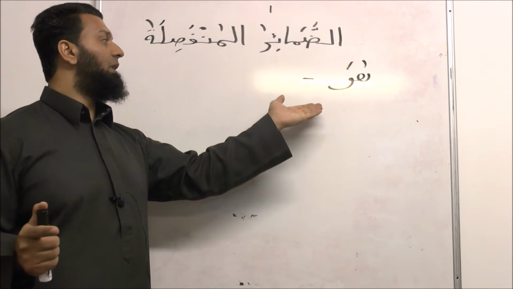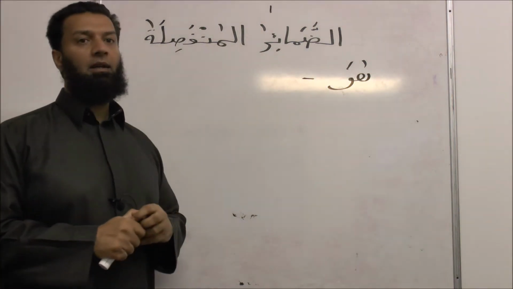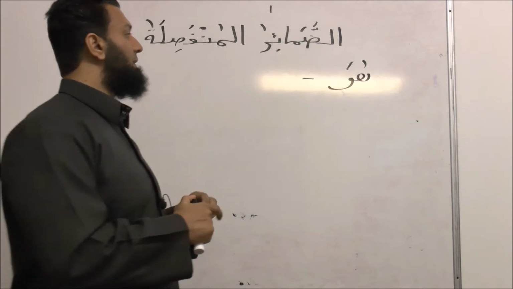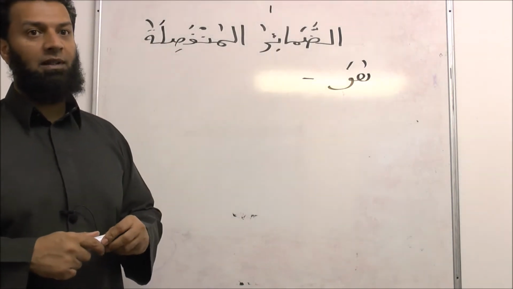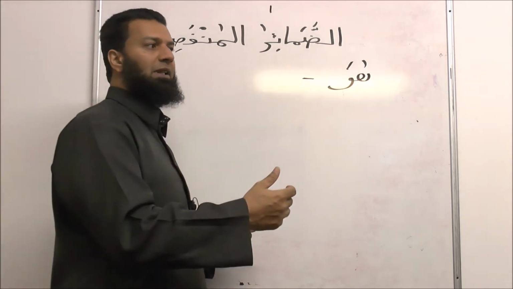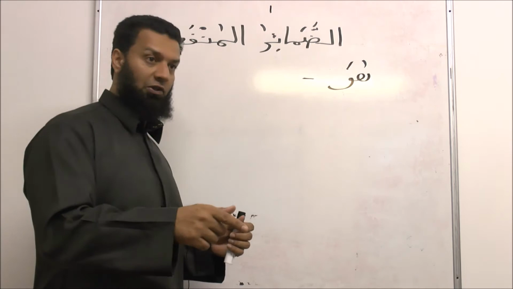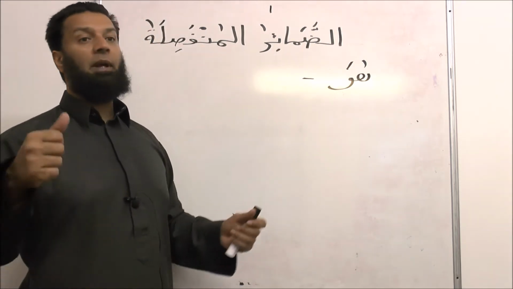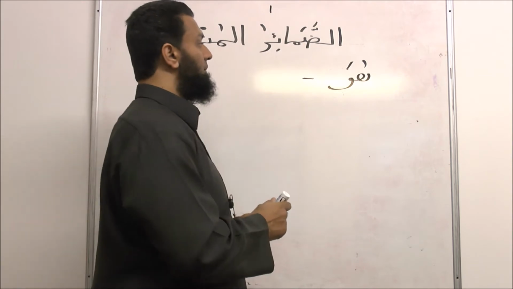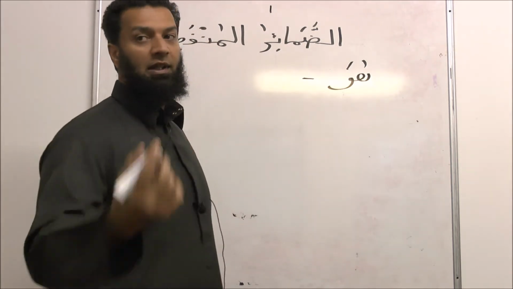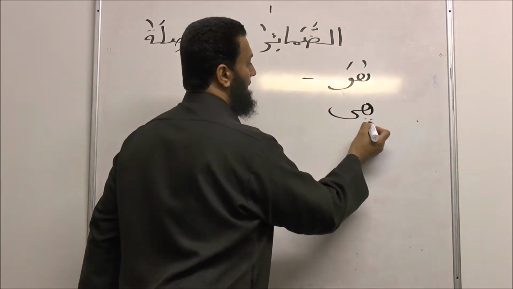Okay? Huwa means he. And in Arabic, because there is no "it", there's no word that represents "it" to refer to an object as there is in English. In Arabic, we only have huwa, that is he, and hiya, which is she.